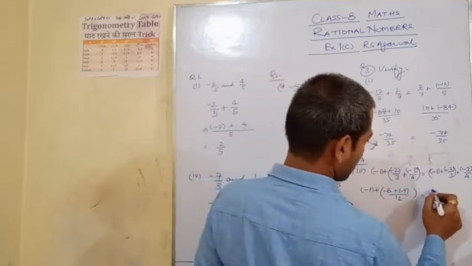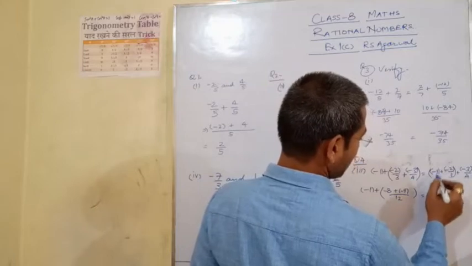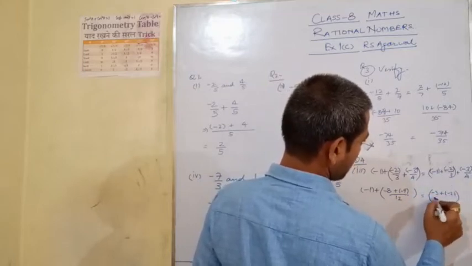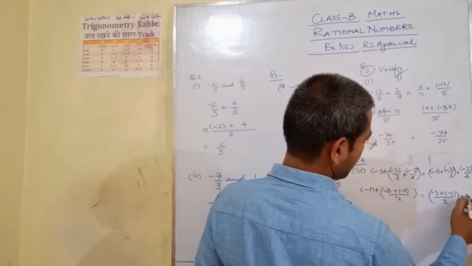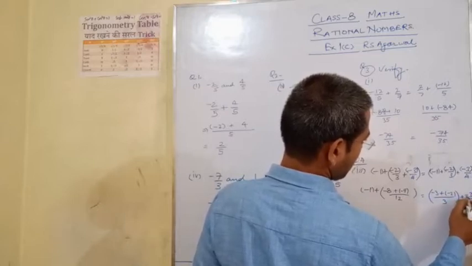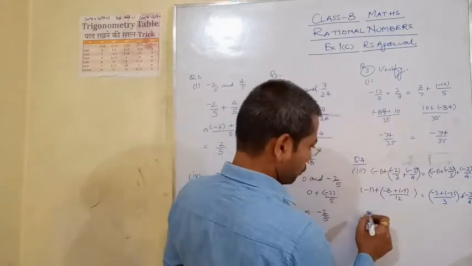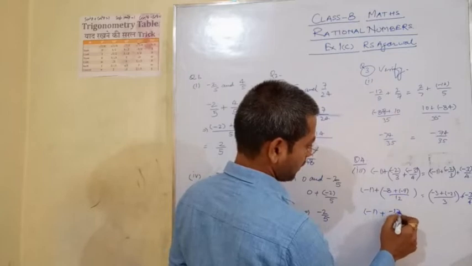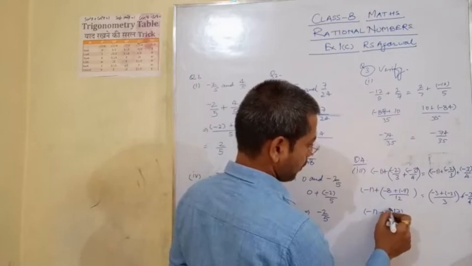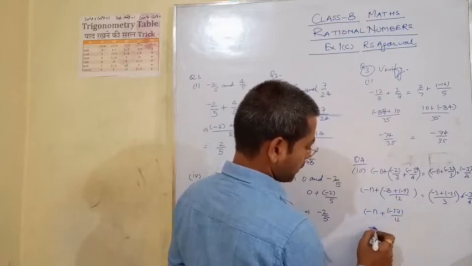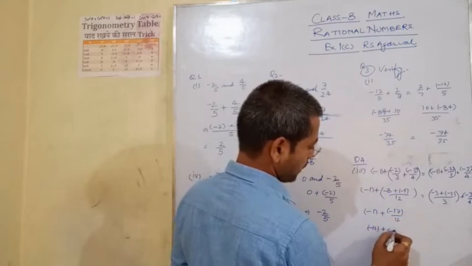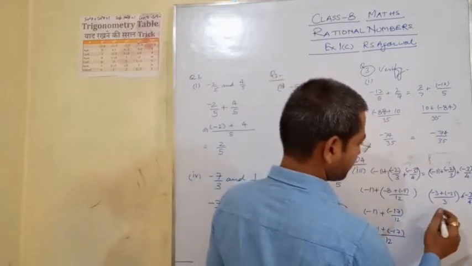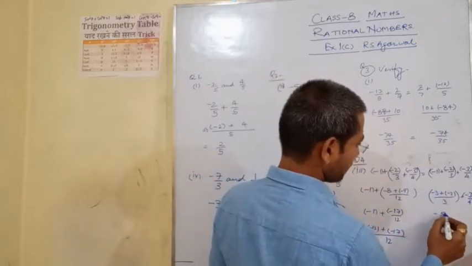And here take the LCM. 3 ones are minus 3 plus minus 2 upon 3 plus minus 3 upon 4. Now minus 1 plus, 8 plus 9, minus 17 upon 12. Minus 1 plus minus 17 upon 12, and here it will be minus 5 upon 3.